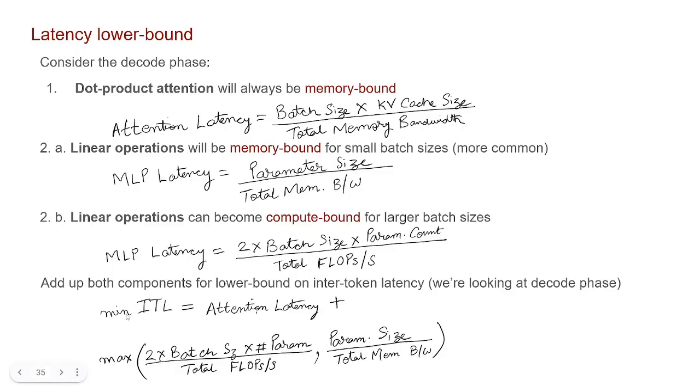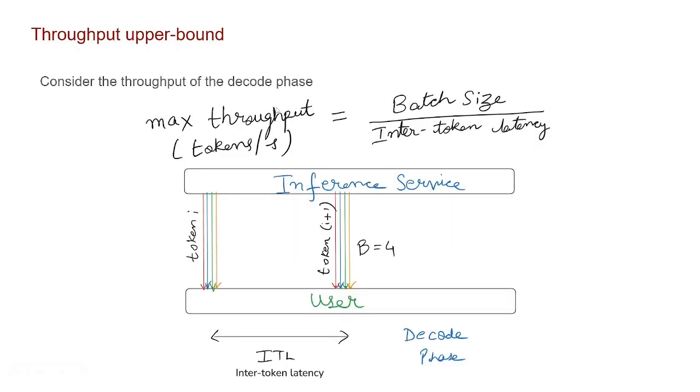And notice that we write minimum inter-token latency here because this is a theoretical minimum which we're deriving. In practice, the actual inter-token latency is likely to be higher than this because of many other factors like, let's say, network latencies and other things. For the maximum throughput, it's a theoretical upper bound on the throughput, which is given in tokens per second.